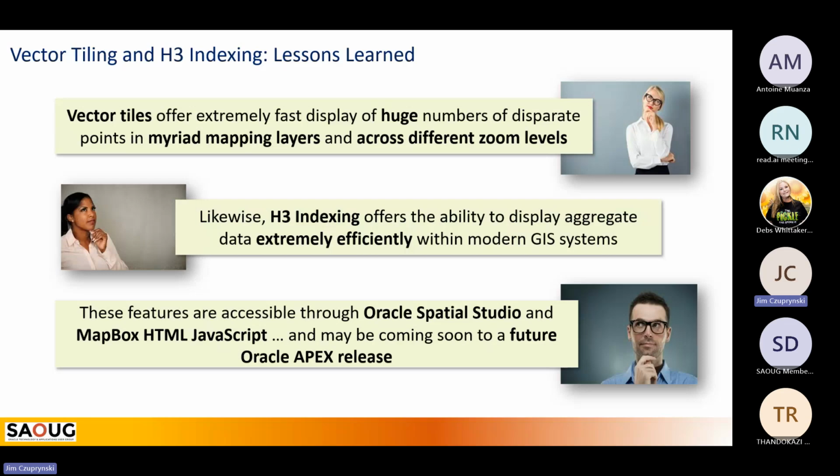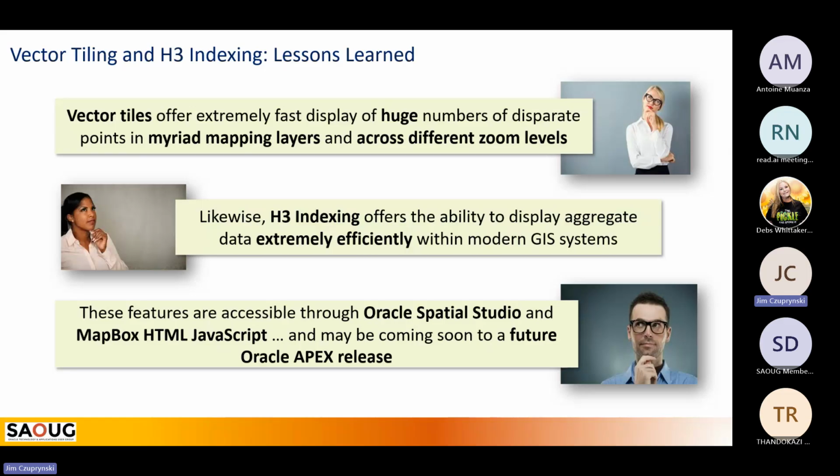I talked about H3 indexing, the idea of displaying aggregate data, right? And being able to understand where the highest concentration or potentially lowest concentration of data points are within a system. You can definitely access these through Spatial Studio or Mapbox HTML JavaScript. And talking to my friends over at Oracle, my Apex buddies that are in the Oracle Spatial and Graph team, possibly.